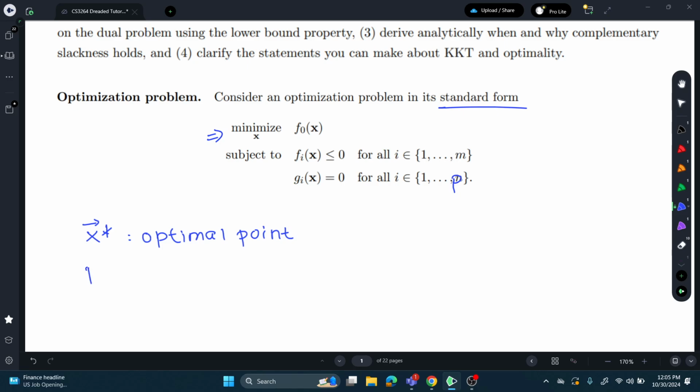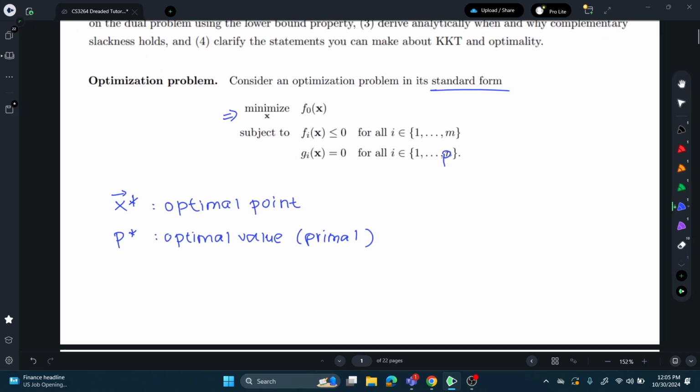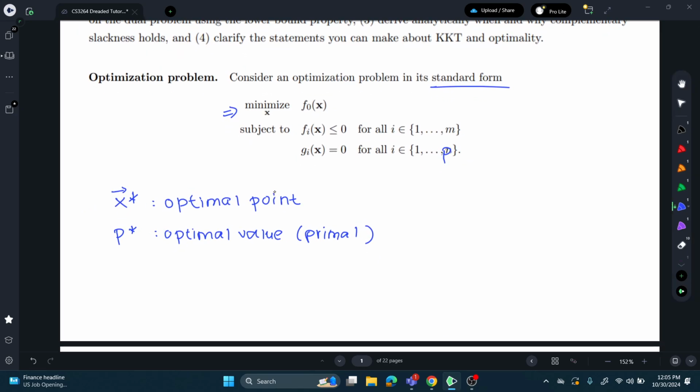Whereas p star is what we call the optimal value. Why do we use p? p denotes that this is part of the primal problem. We will see later on what we mean by primal and what we mean by dual. So this is the optimal value subject to the constraints.